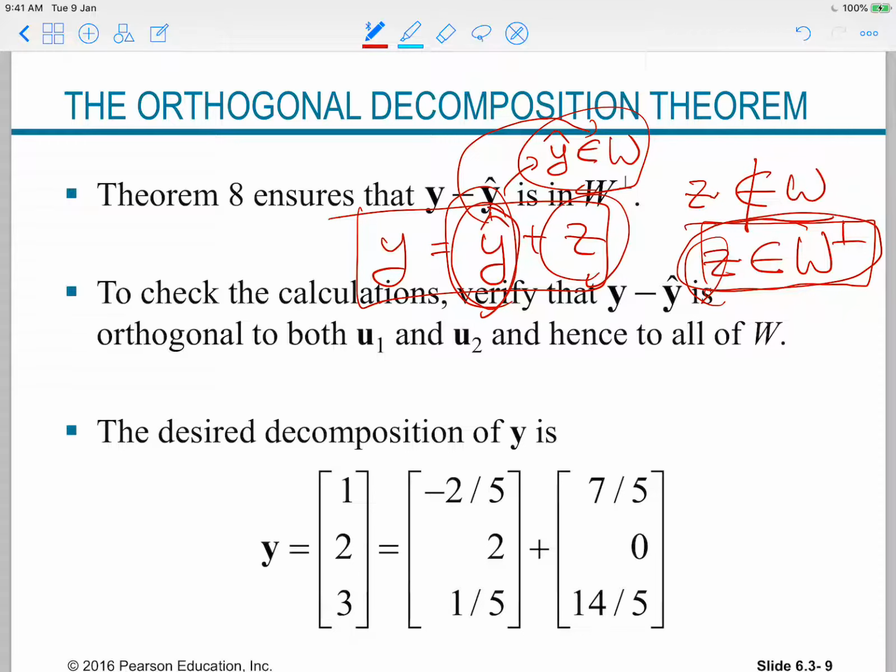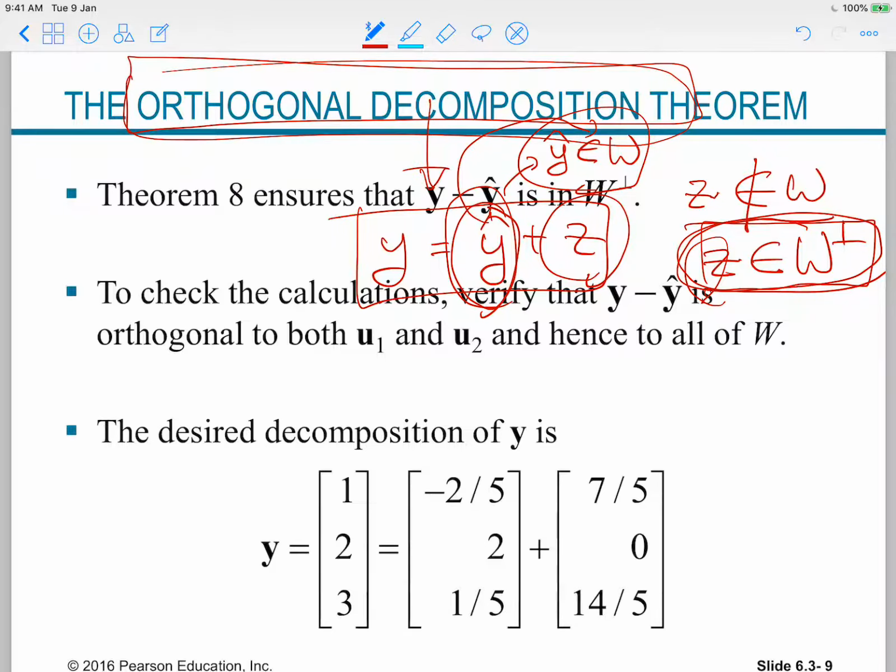So that is this guy, right? Perpendicular, it is belonging to W perpendicular. Okay, so this is called the orthogonal decomposition of y with respect to the given subspace W. Okay, any questions so far?